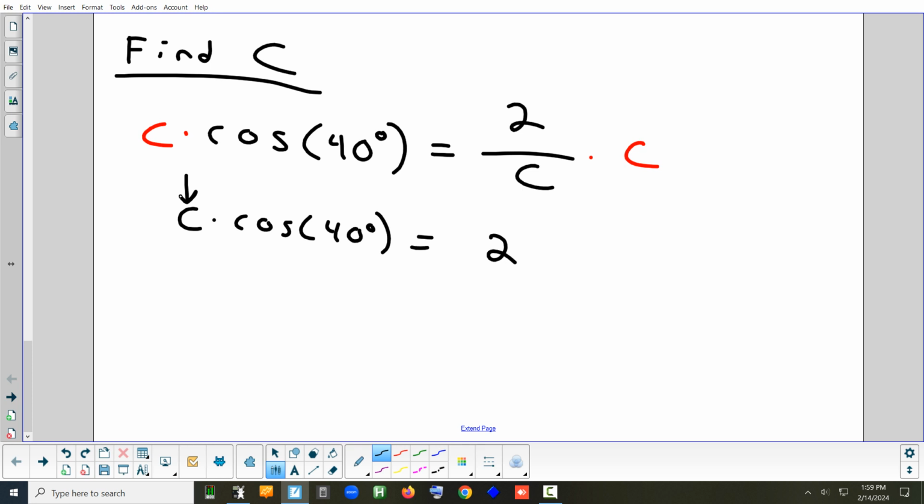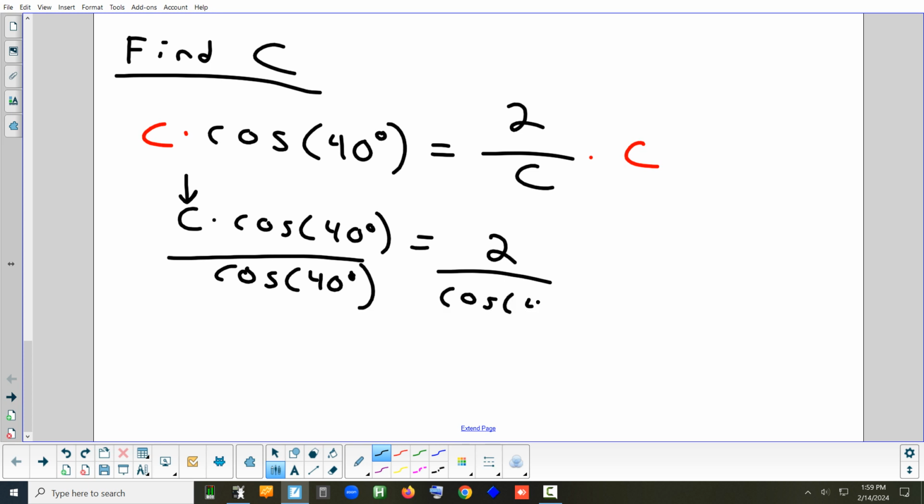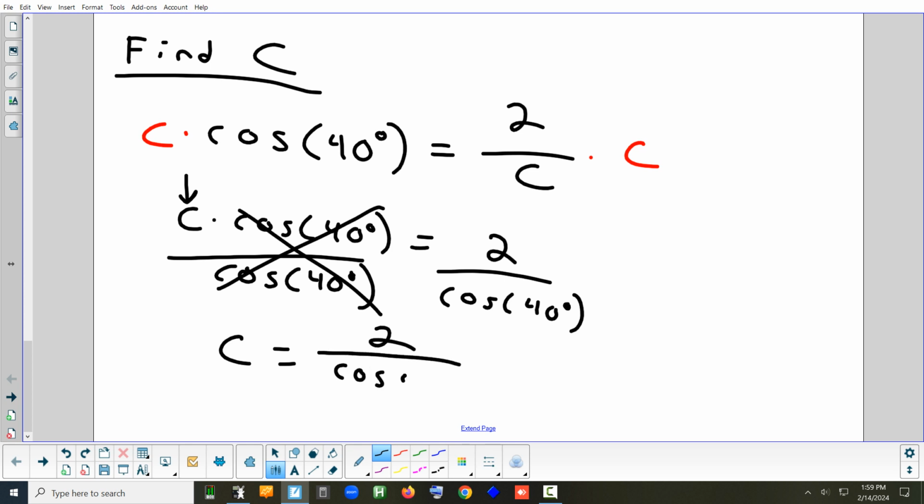Divide by cosine 40. Yep. I'm going to divide each side by the cosine of 40. Cosine 40 divided by cosine 40 is gone. C equals 2 divided by cosine 40. There's your answer.